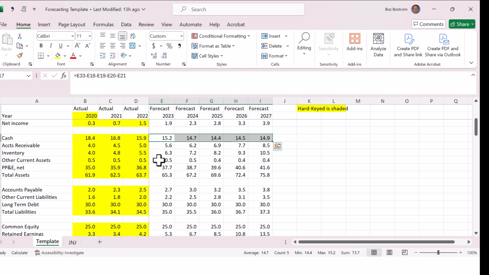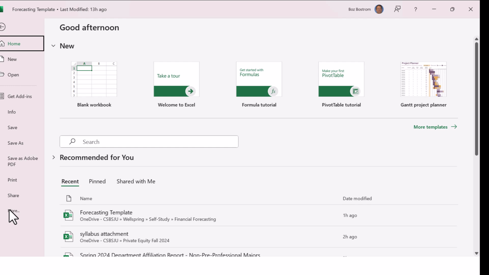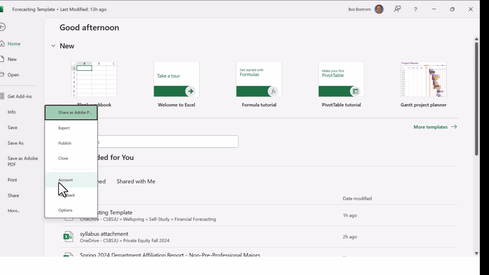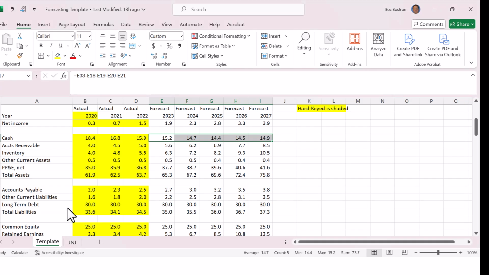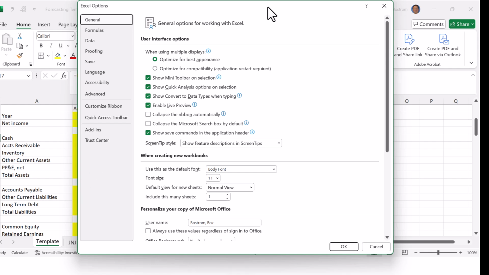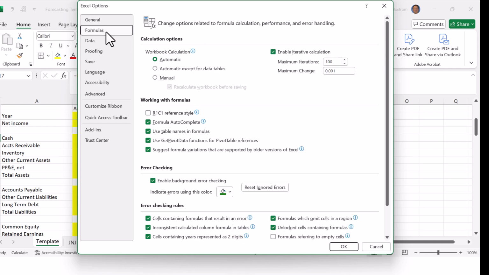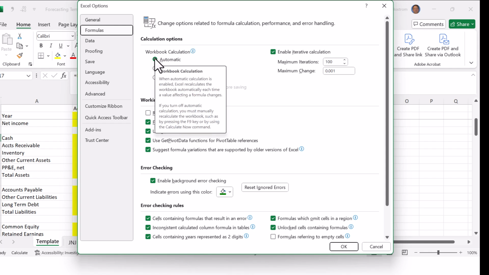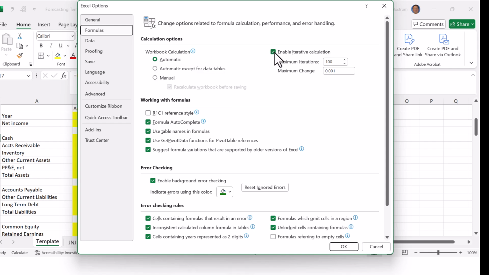Now, one thing to note is that you do see calculate on right now. If you go to file and then down to more and then into options, you are going to see a formulas little tab here, and we want it to be automatic, and you do want to check enable iterative calculation.